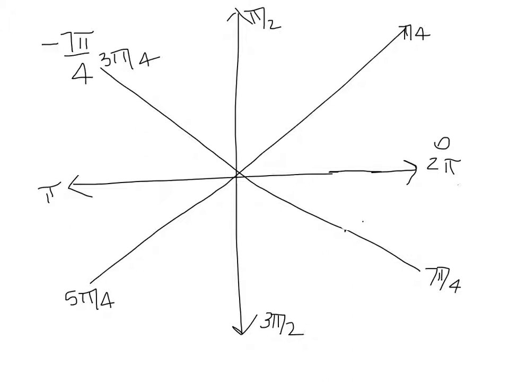And remember, if we're counting this way, we've done 1, 2, 3, 4, 5, 6, 7 eighths of a revolution. That's 7/8 times 2 pi, or 7/8 times 360. That's 315 degrees. So if we're trying to draw negative 7 pi over 4, that means we need to go a negative 315 degrees.